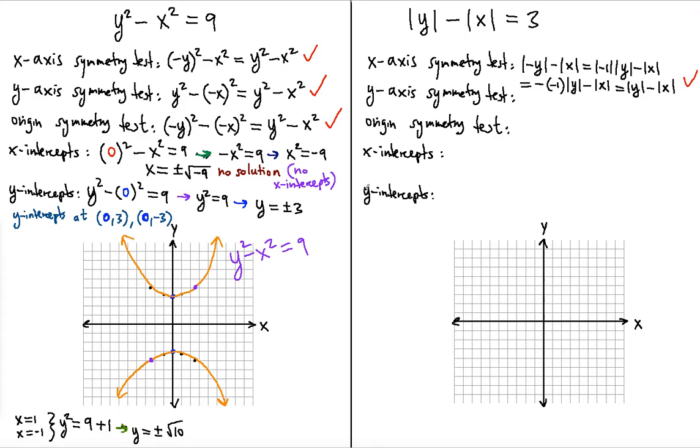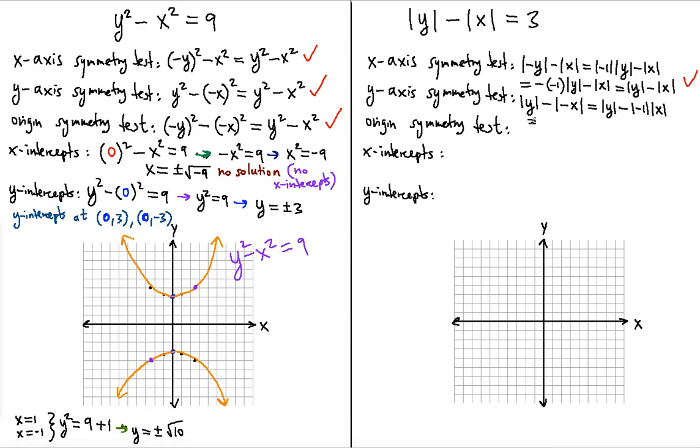Now let's test the y-axis symmetry. I'm going to negate the x value. So absolute value y minus absolute value of negative x is equal to absolute value y minus, now let's split again, absolute value of negative 1 times absolute value of x.